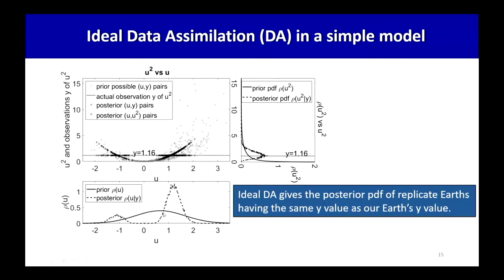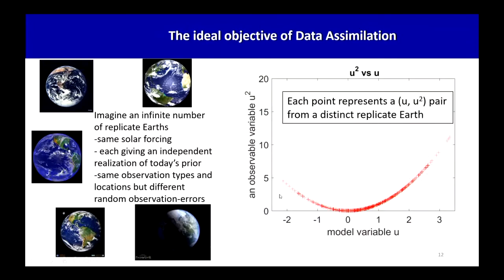That's the prior, before I do data assimilation, of this observation of kinetic energy. That's the density from using all the u values. So that Gaussian shape there is actually giving me the density of these crosses in the u direction.